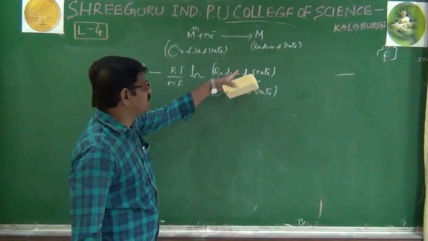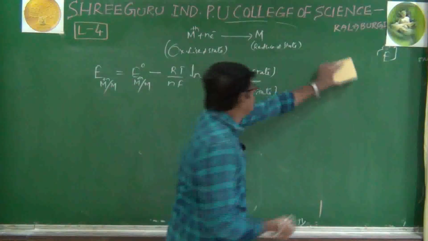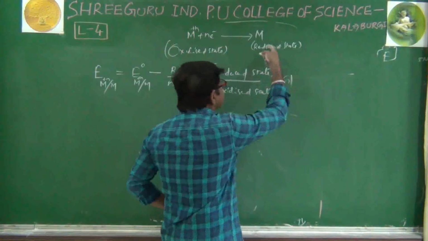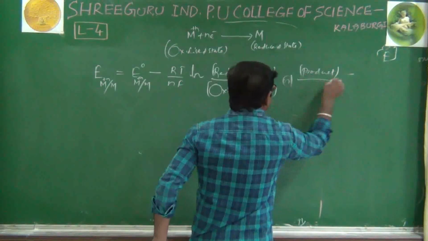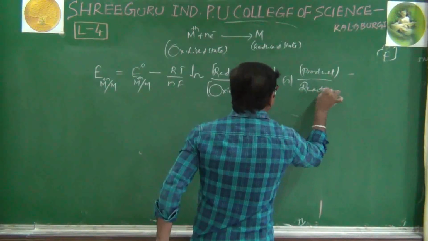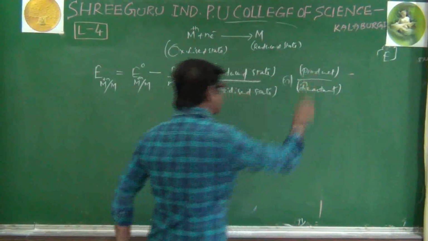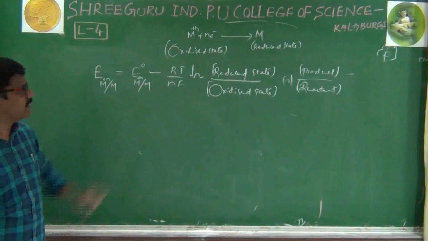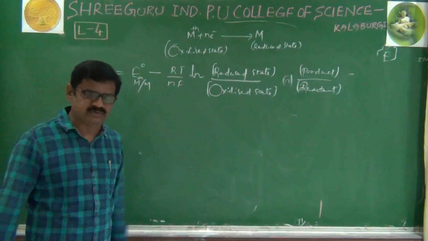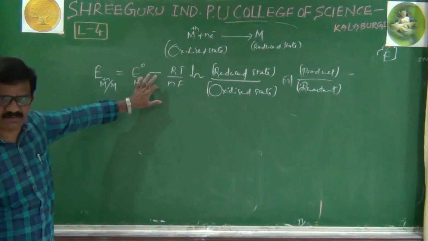Or instead of reduced state by oxidized state, we can also write product concentration divided by reactant concentration. This is the Nernst basic equation. For this there is no proof; we have to use this formula directly.